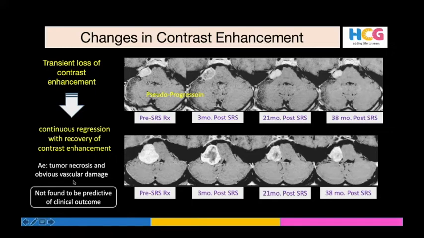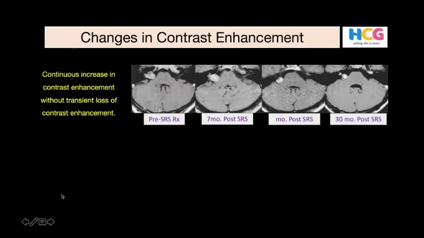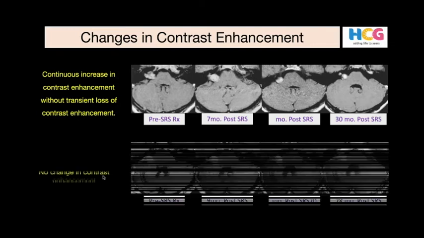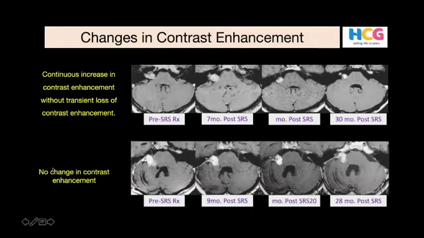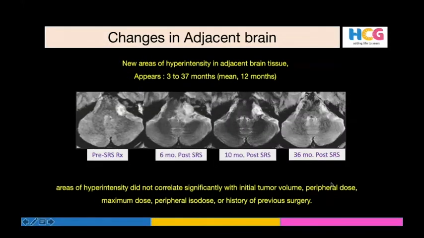This is more so because of the tumor necrosis and the obvious vascular damage which you see there. But again, as I said, this is not predictive of clinical outcomes. The second important change is a continuous increase in the contrast enhancement without transient loss of contrast enhancement. Now, this is very important. And the last one is that there is really no change in the contrast enhancement patterns.